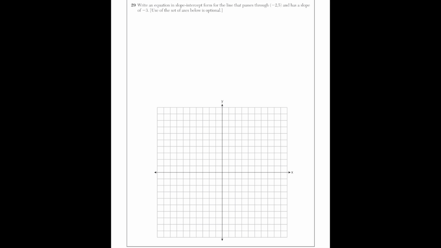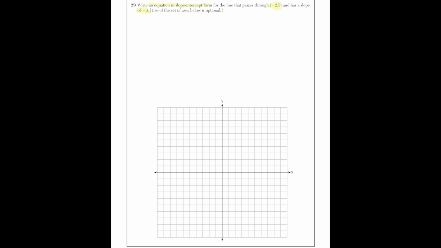Alright, for number 29, we need to write an equation in slope-intercept form. The line has to pass through this point, -2, 5, and it has to have a slope of -3. Again, there are many different ways you can do this, and there are 2 ways we can do this.